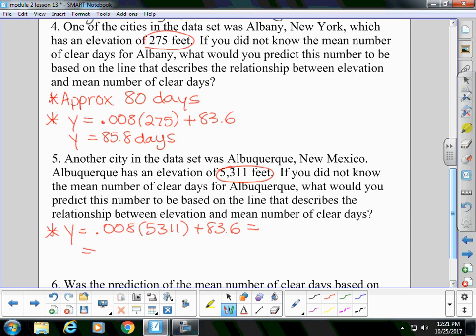I'll plug that in my calculator. 0.008 times 5,311 plus 83.6. And that one's coming out to 126.08. So technically, when we're talking about days, you don't really need to use the decimal. It's approximately 126 days.